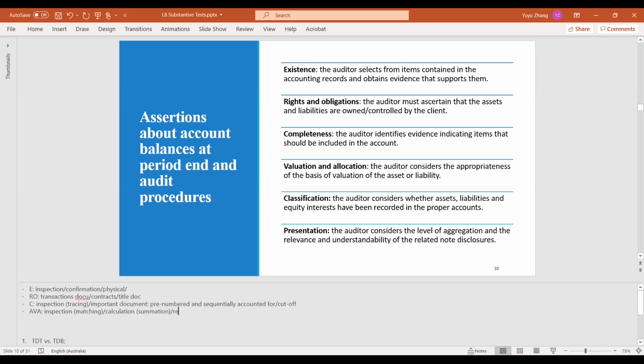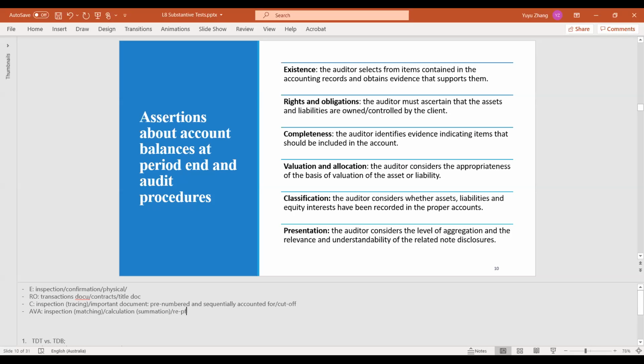And also, when we consider the valuation issues, we know sometimes the value can change. For example, in the sales example, the accounts receivable value could change because some accounts receivable might not be collectible. So there will be the provision for doubtful debts, which is based on estimates in accordance with policies.